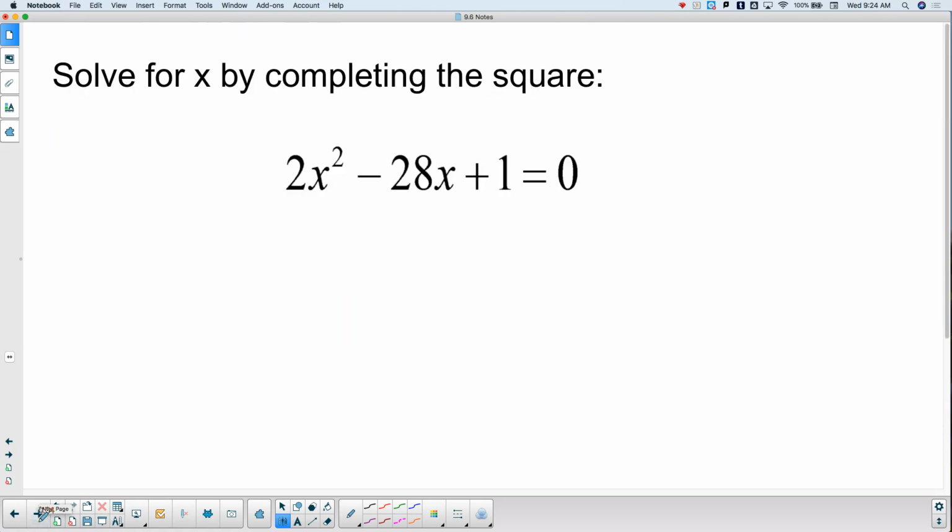So, with that being said, let's solve this one by using completing the square. Step number 1 told me what? Okay, so I need to space out my equation. So that becomes 2x squared minus 28x equals -1. Agree? Step number 2 says what?